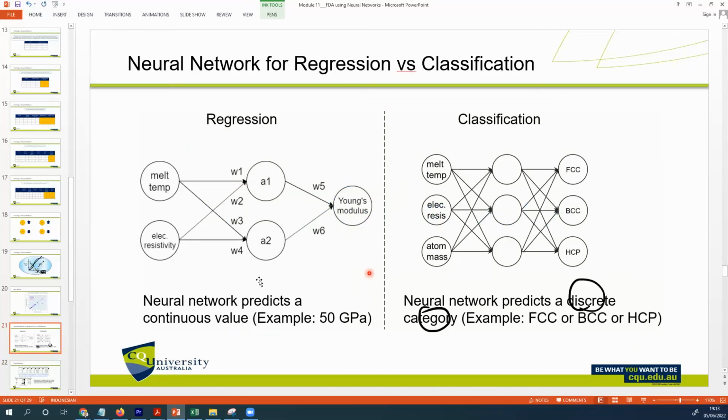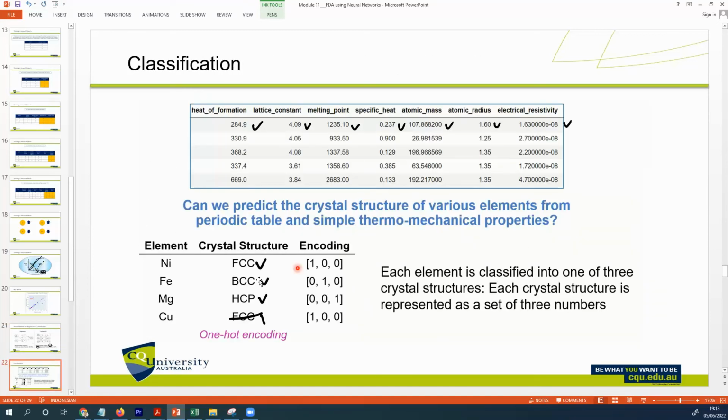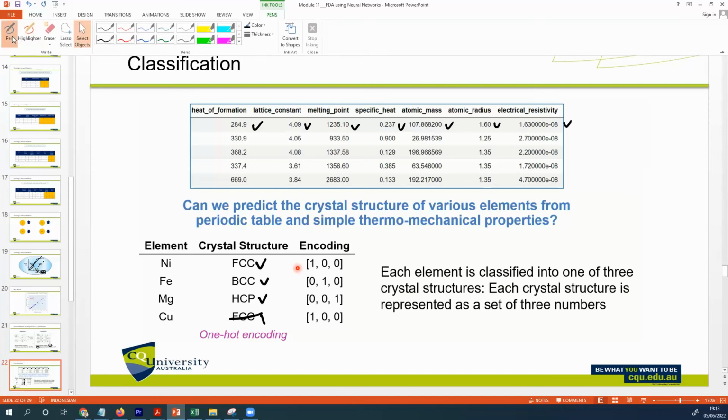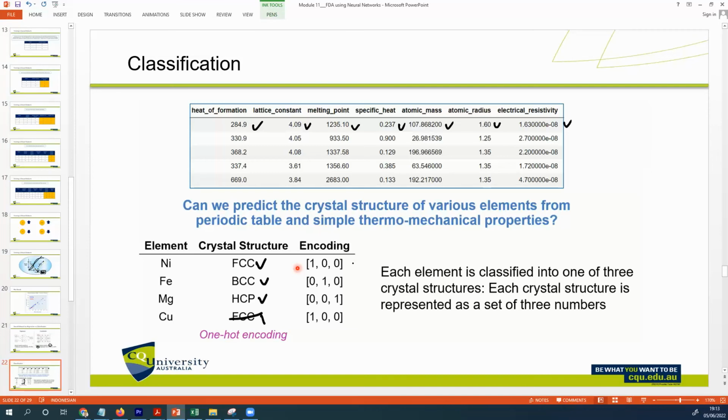This is the crystal structure name. The encoding will be like a dummy variable. When it is FCC, then 100. BCC 010. HCP 001, because there are three outputs.